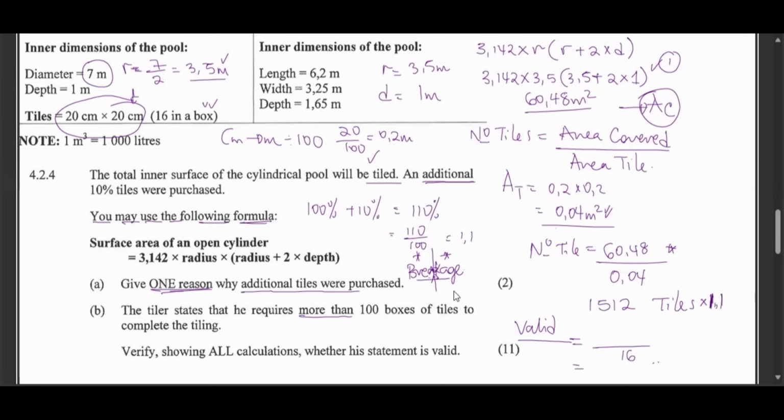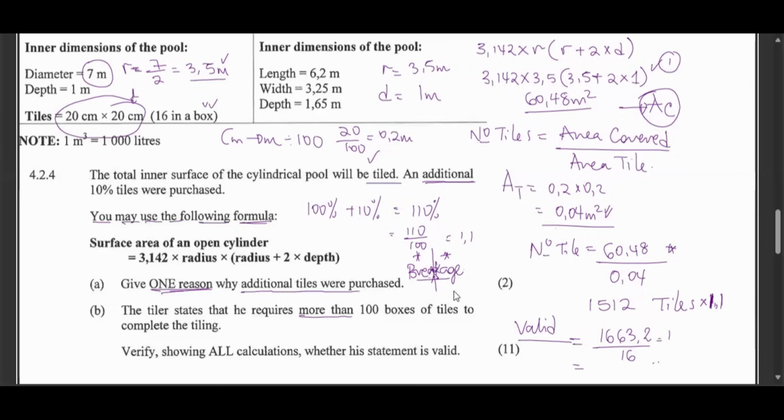Now, increase them by 10 percent. We said we multiply by 1.1. The answer became 1,600.2. But you can't buy half a tile.